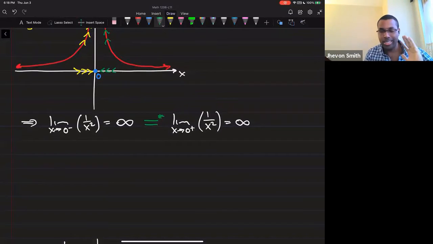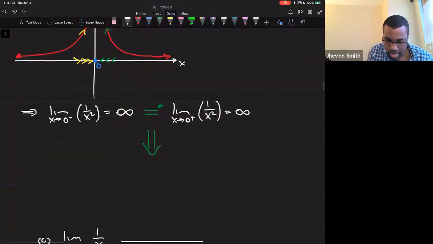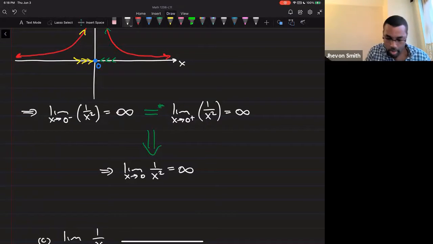Infinities can be different sizes, but never worry about that right now. For us in calculus, we're always going to be talking about the same infinity. So that means because the two sides agree, the limit as x approaches 0 of 1 over x squared, we will say that it's equal to infinity.